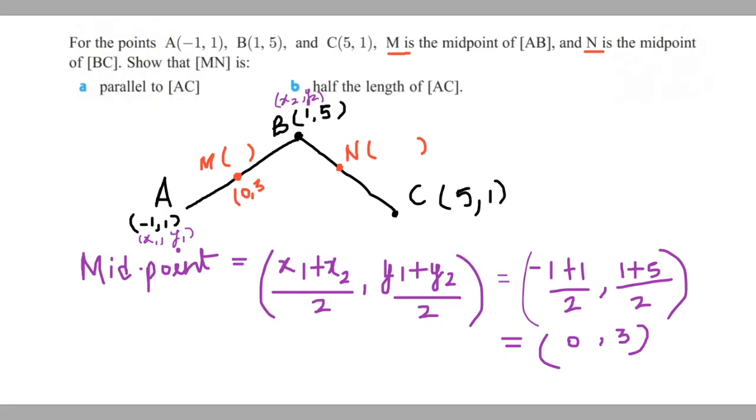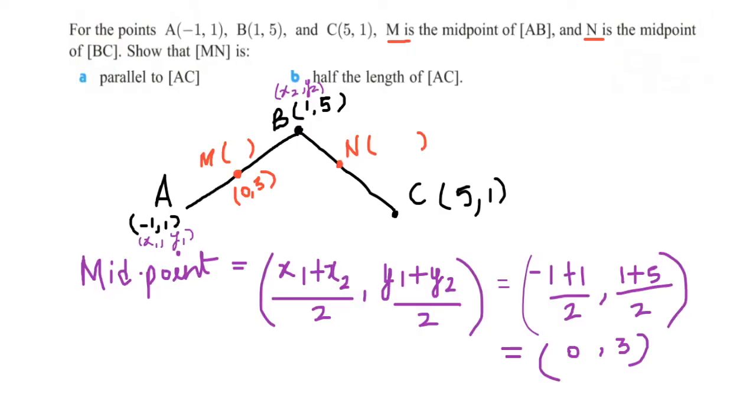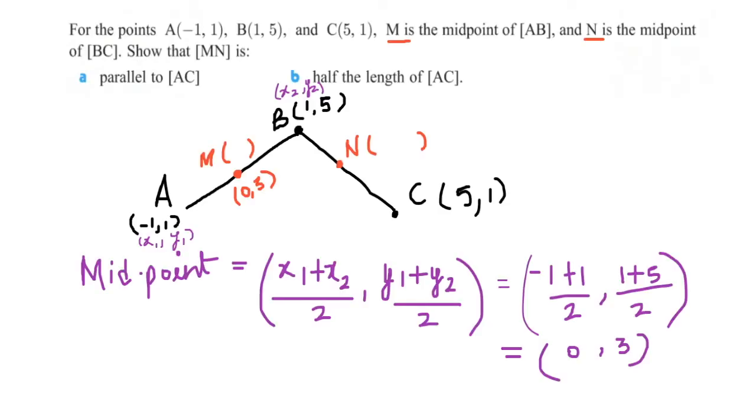Using the same method, I will find the coordinates of N. To move forward from here, to get the value of N, which is the midpoint of BC, I'm going to use the second side of my board, which is here. So now I'm going to work on finding the coordinates of N. Let's refer to this again.